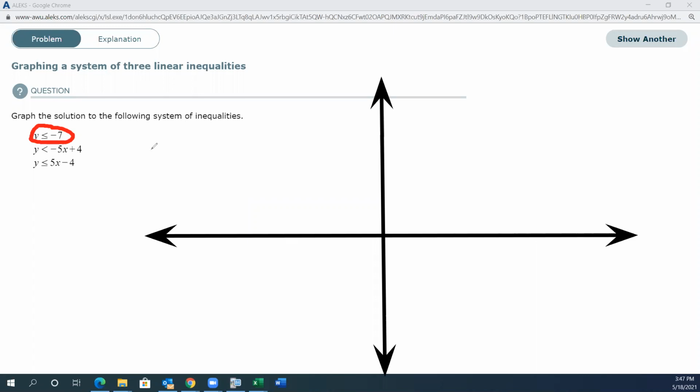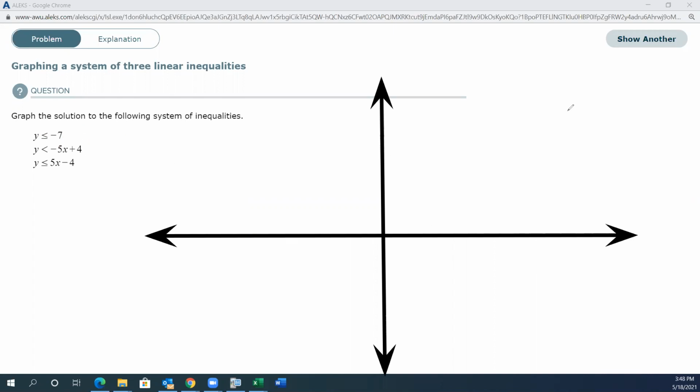Okay, so the first one, y is less than or equal to -7. So first of all, I know I'm going to have a solid line because it's or equal. The less than sign says we're going to shade below. And this is just, the y-intercept is -7, and the slope is 0, as in plus 0 times x.